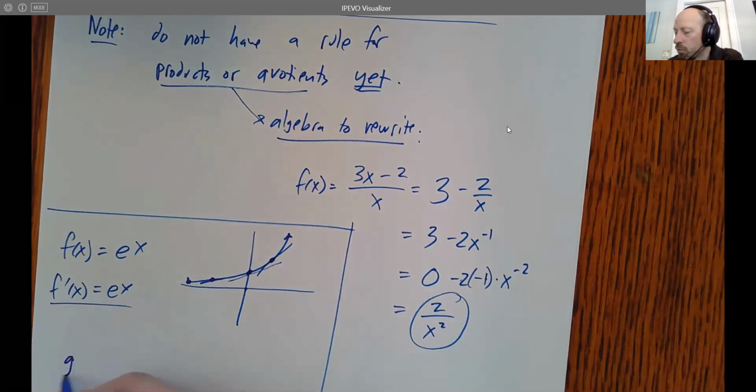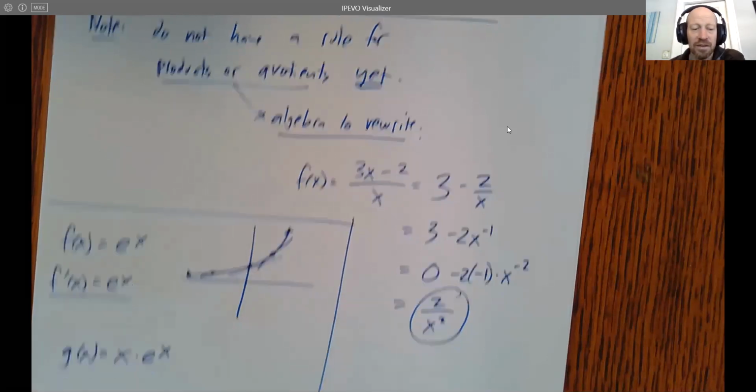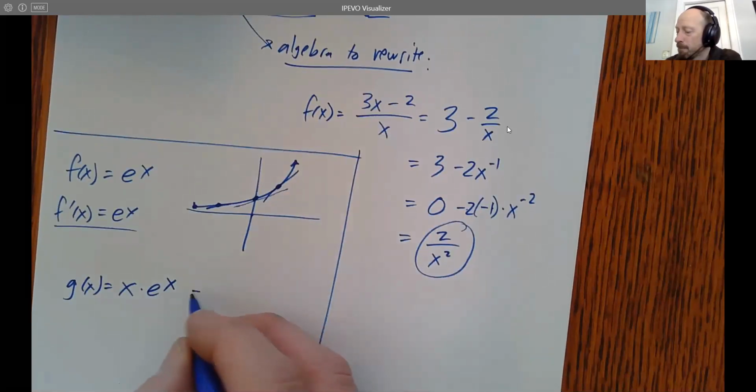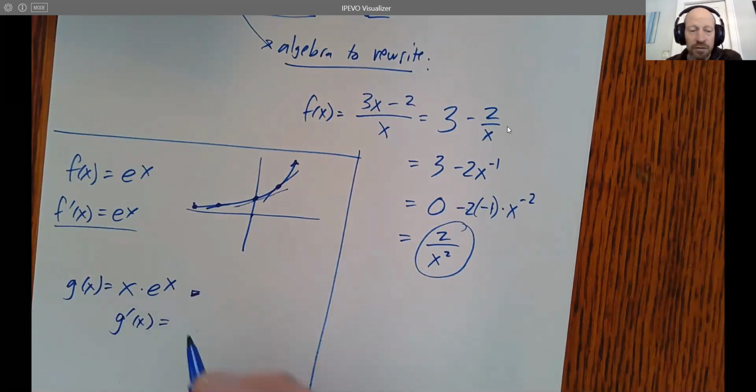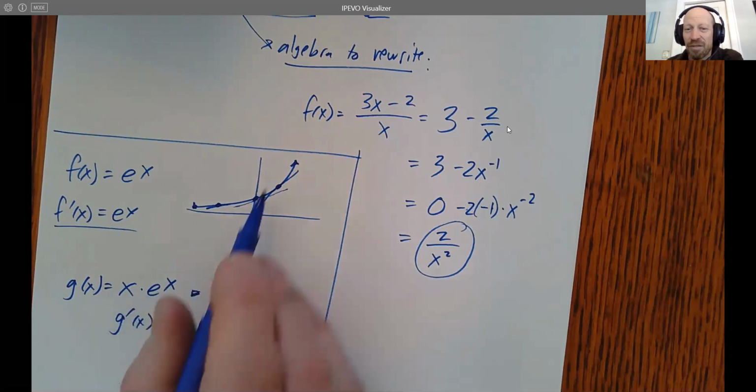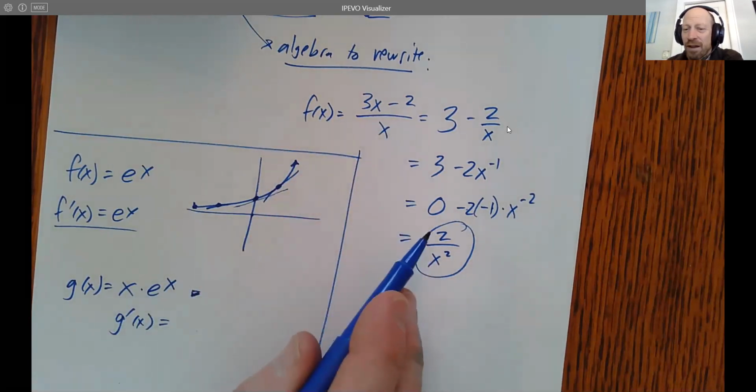Now, if I give you a function like x times e to the x, and I want you to find its derivative, there's no algebra that we know of that's going to allow us to combine those functions. So I can't do what I did up here and rewrite it.